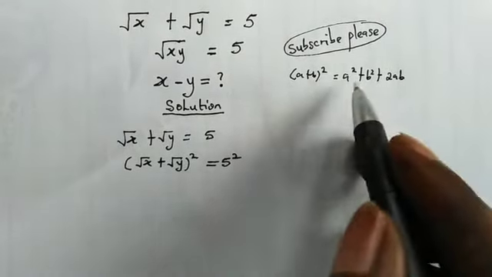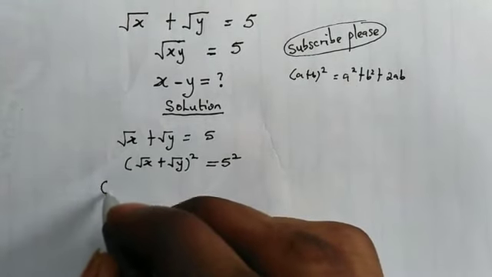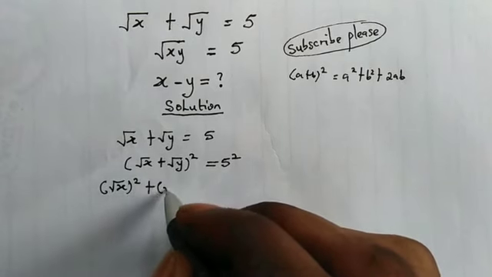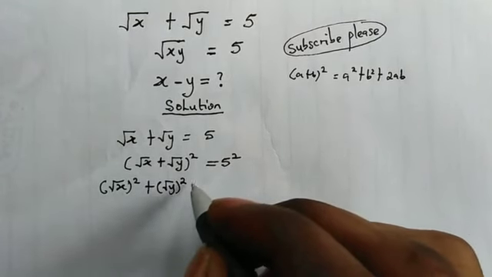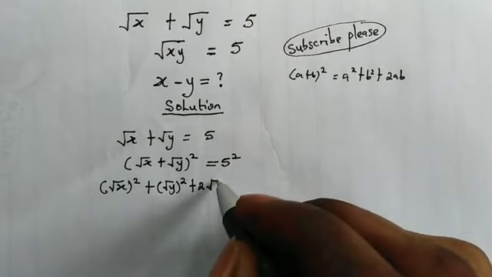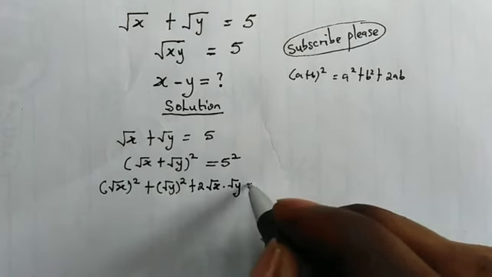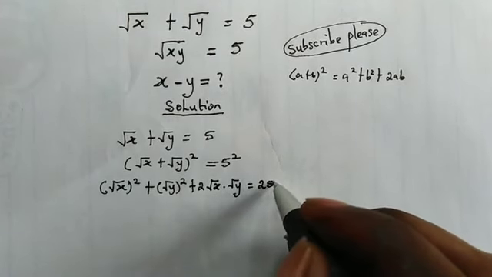Using this property, we're going to have the square root of x squared plus the square root of y squared, then plus 2 times the square root of x times the square root of y, and this is equal to 25.